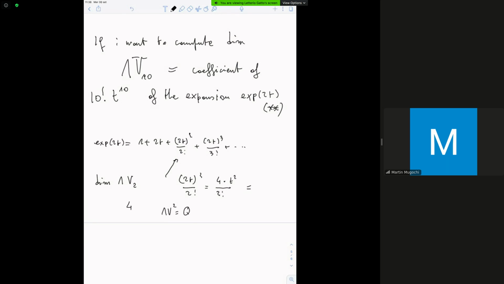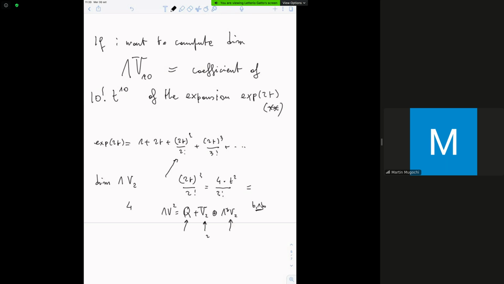But this is true because wedge V2 is equal to Q, which has dimension 1, plus V2, which has dimension 2, and then there is wedge 2 V2. Wedge 2 V2 has a basis, the basis B1 wedge B2, so it has dimension 1. So you see, this has dimension 1, this has dimension 2, this has dimension 1, and 1 plus 2 plus 1 is 4.